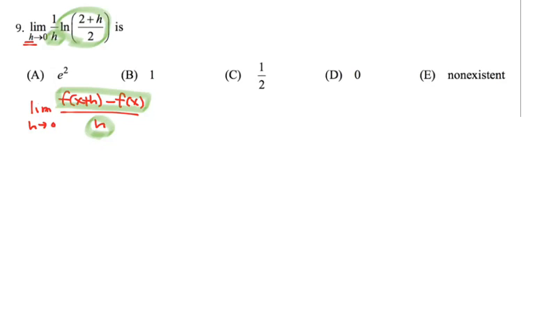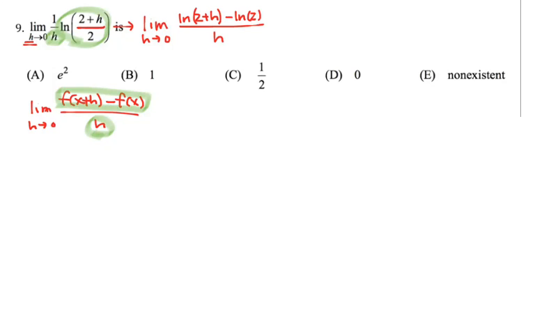So in fact, it is possible for us to rewrite this as the limit as h approaches 0 of ln of 2 plus h minus ln of 2 over h, because once again, division is subtraction on the logarithm.